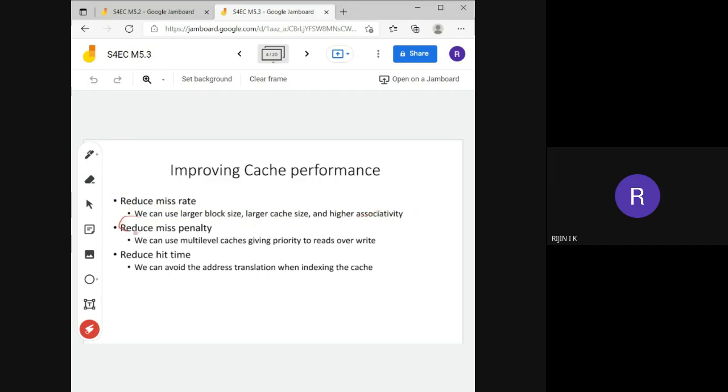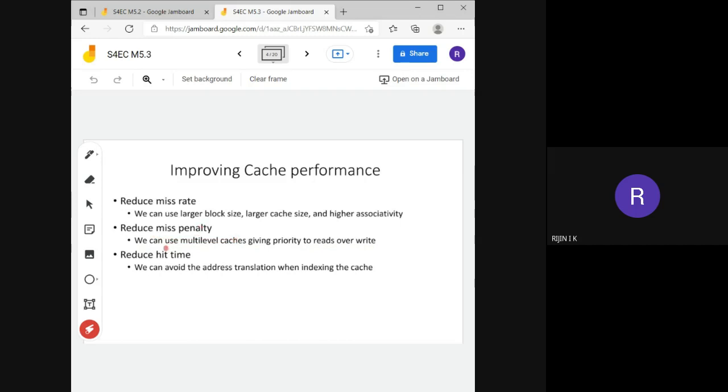And to reduce the miss penalty, what are the things we have to do? We can use multi-level caching and give priority to read over write. These are the two things we can perform to reduce the miss penalty.